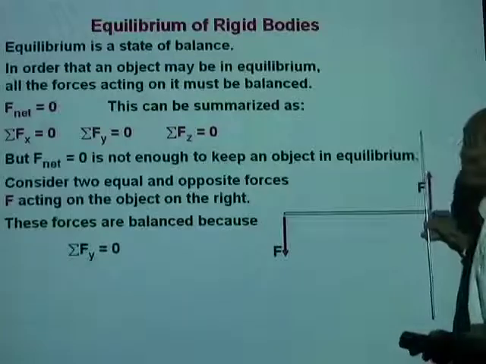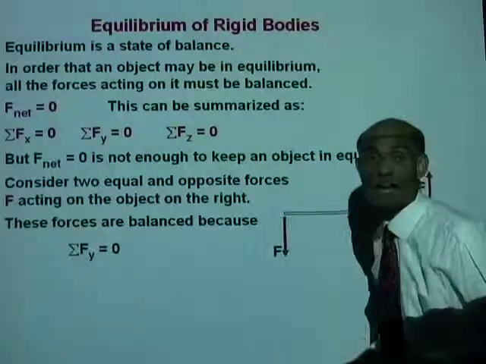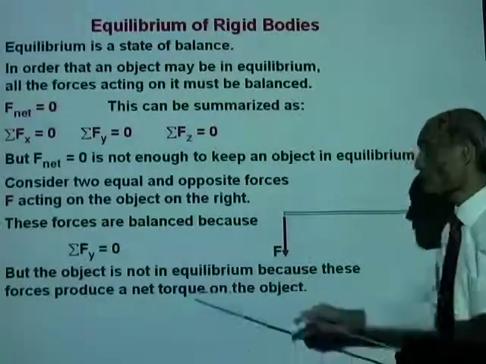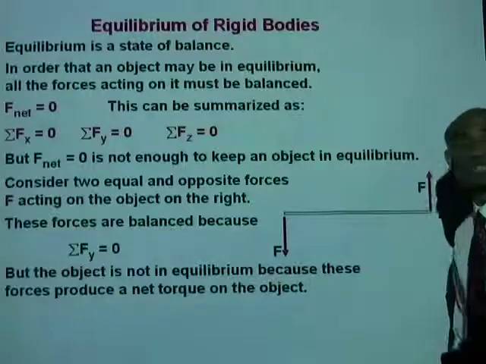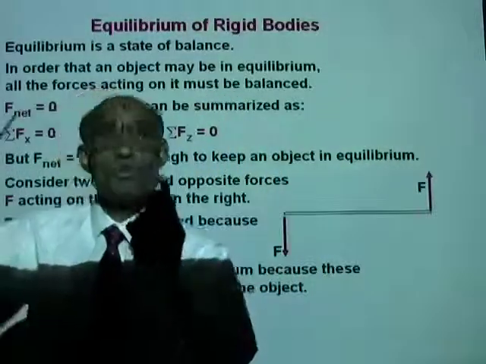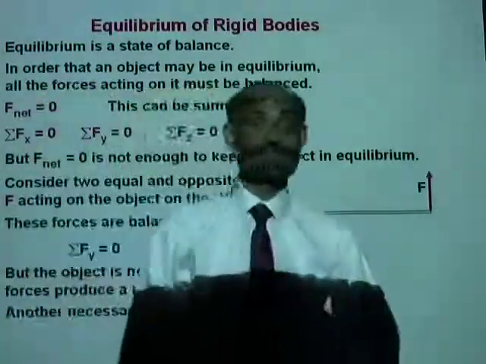The y force directed up is positive, a y force directed down is negative. The sum of the forces is 0, but the object is not in equilibrium. Why not? Because these two forces produce rotation on this object.